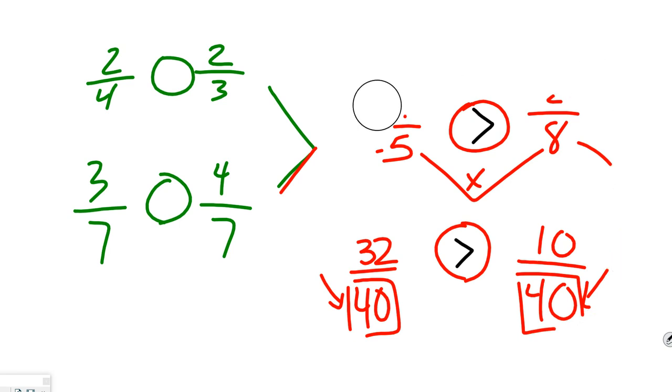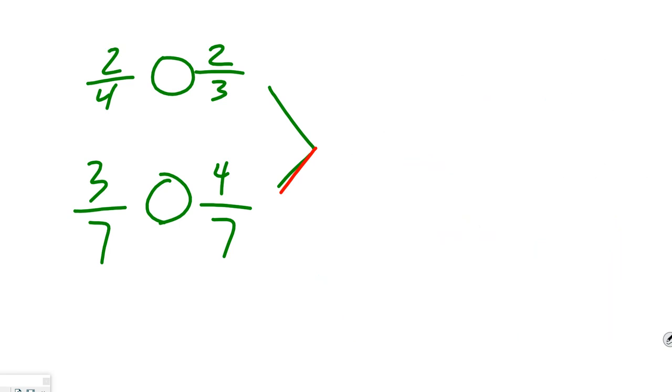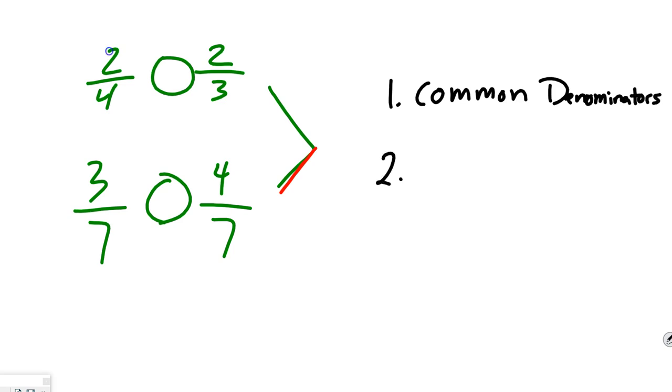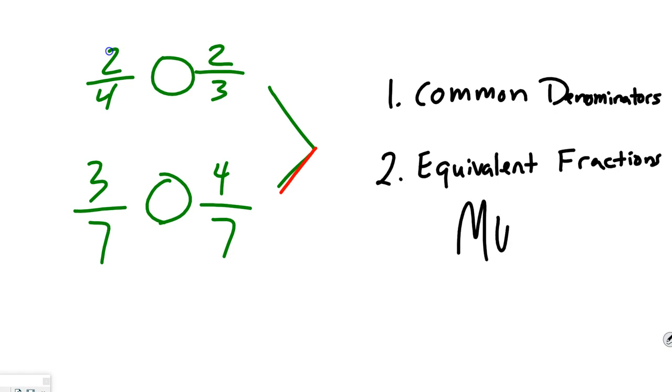So just to reiterate those steps, you always want to, 1, find common denominators. And then 2, make sure you're using equivalent fractions. That's that big word, multiplier. Make sure you're using the same multiplier.